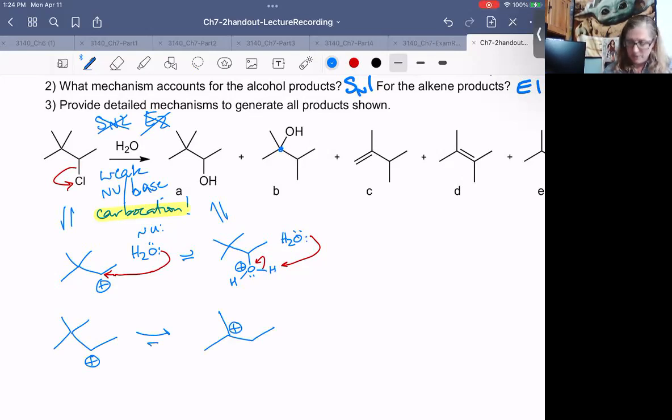Notice this has the same carbon skeleton as product B. So how does this rearrangement take place? This is described as a methyl shift, and this is a carbocation rearrangement.